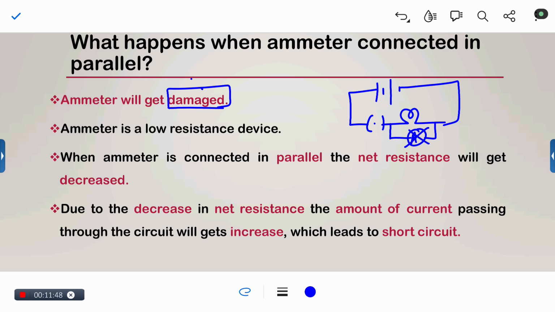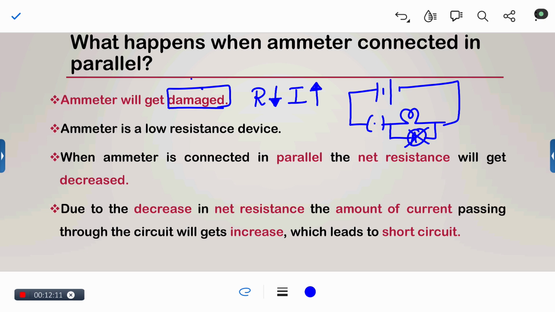Reason: a short circuit is going to happen. Whenever we connect more electrical devices in a parallel combination, the net resistance will decrease. Due to the decrease in net resistance, more current will pass through the ammeter, that means the current in the circuit will increase.